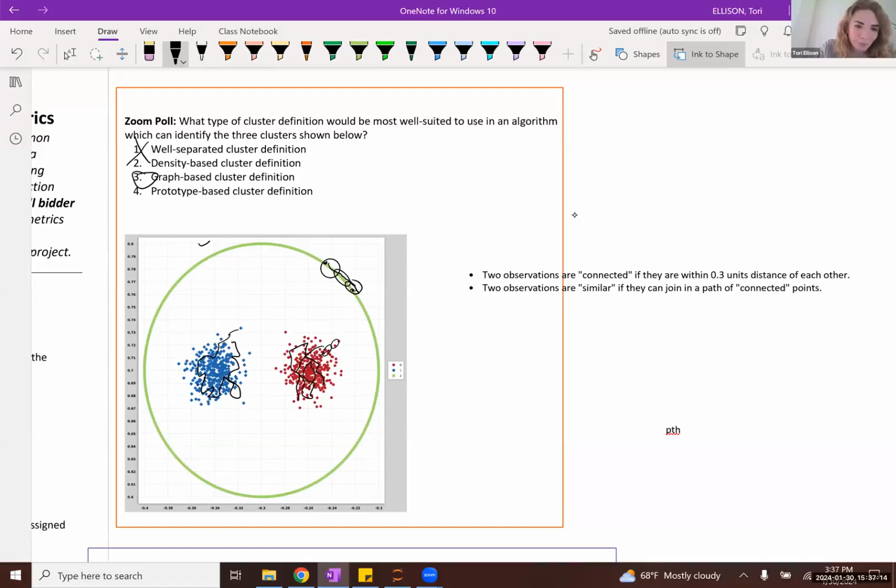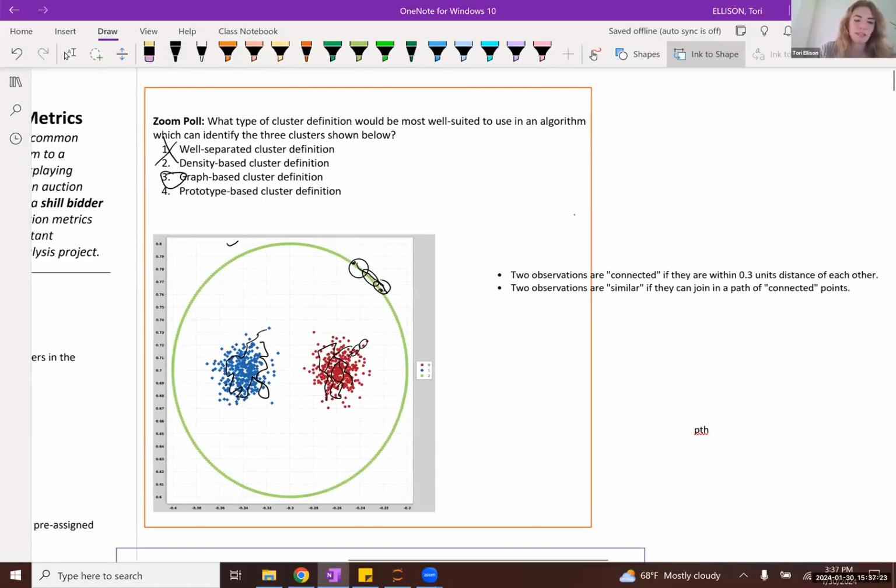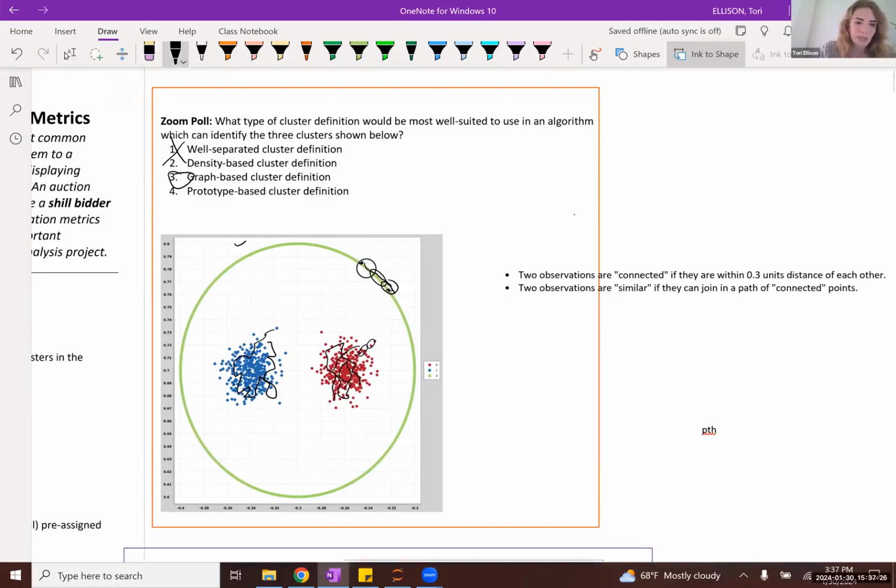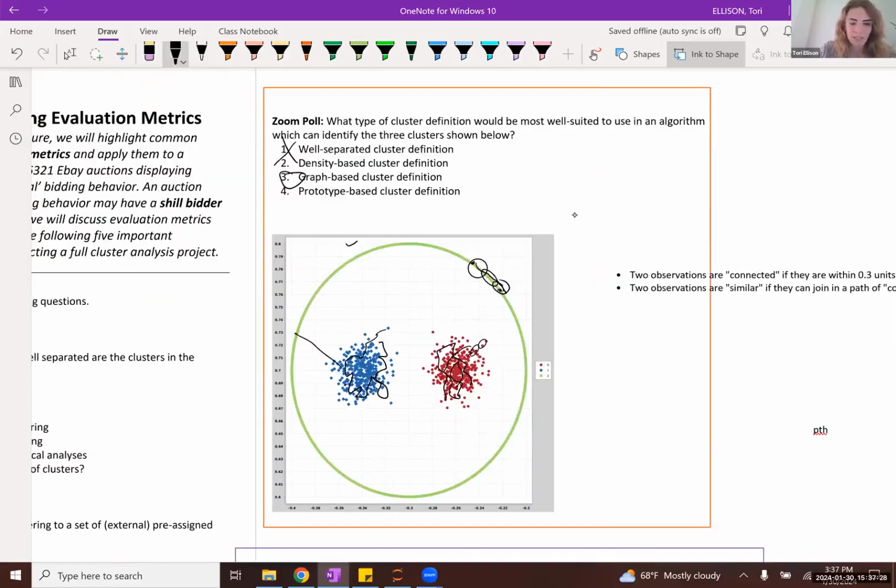And similarly, there's no two red or blue points that are within 0.3 of each other. So the blue and the red points are not considered similar to each other. And same thing for the green and the blue points.